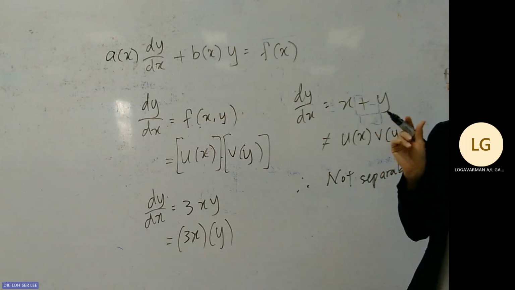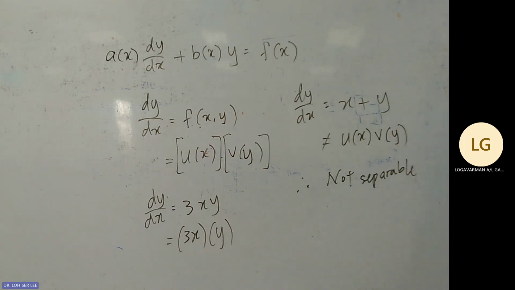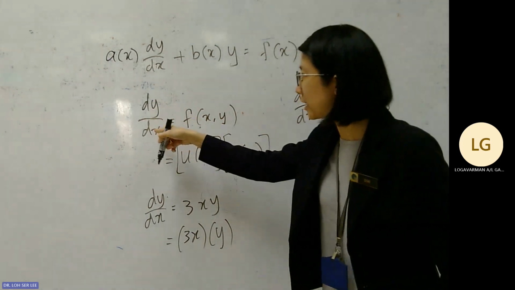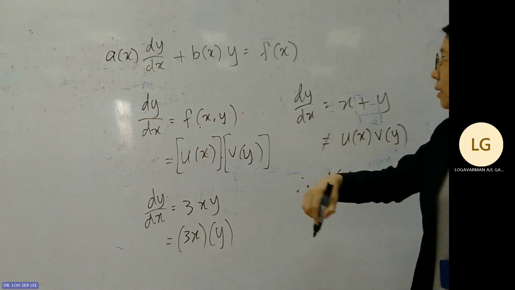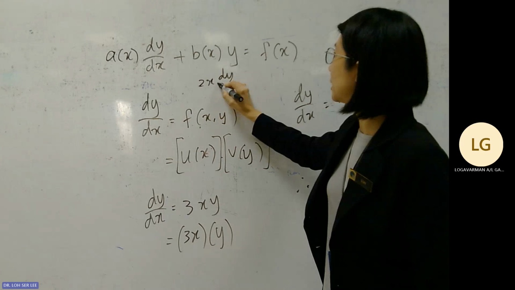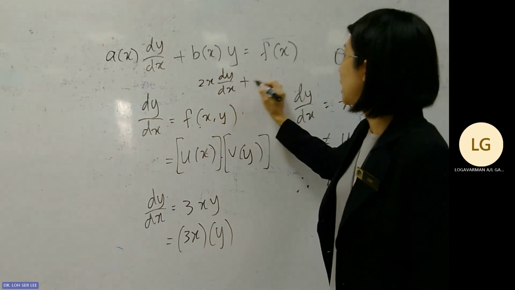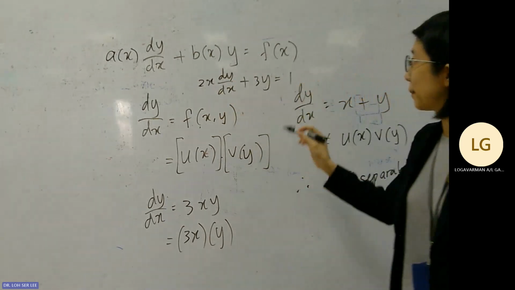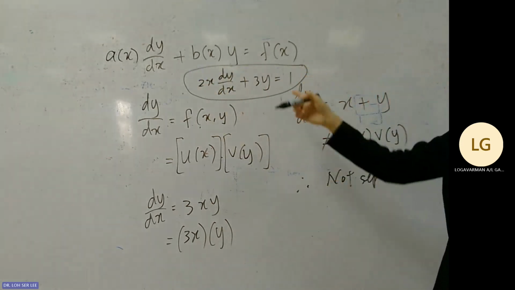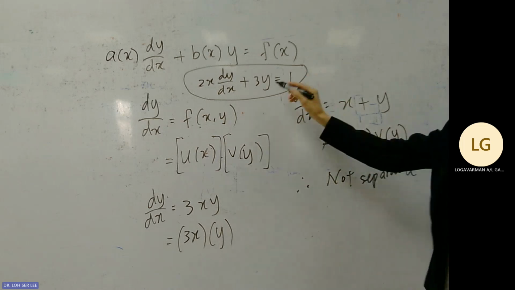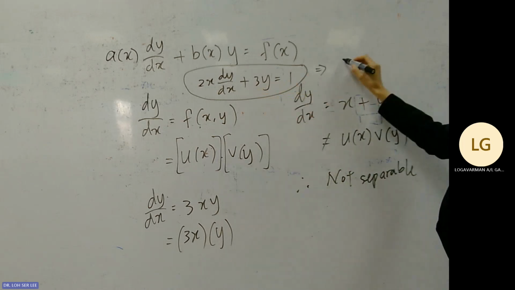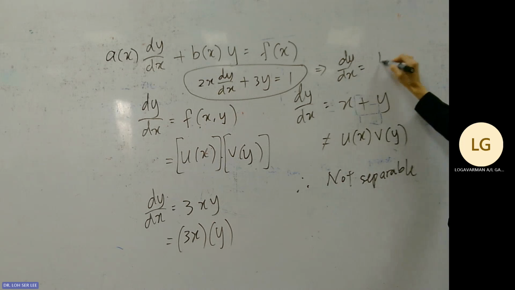So to identify whether a first order differential equation is separable or not, we will find the dy dx first, because not all differential equations are given in this form. It can be 2x dy dx plus 3y equals 1. Then you have to express what your dy dx is. So this one, your dy dx will be 1 minus 3y over 2x.